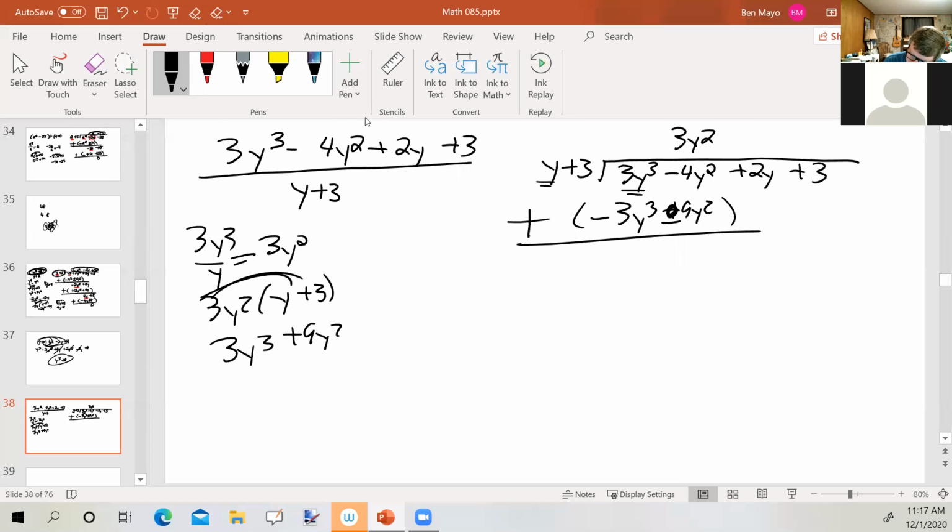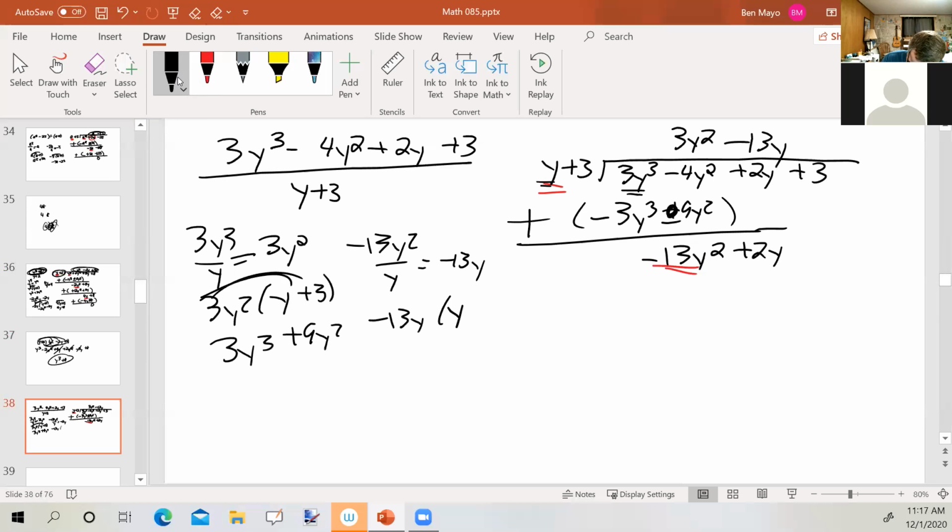Negative 4y squared plus negative 9y squared is negative 13y squared. Bring down the next term, the 2y. Start over. Leading term inside divided by leading term outside. Negative 13y squared divided by y is negative 13y. So minus 13y goes there.